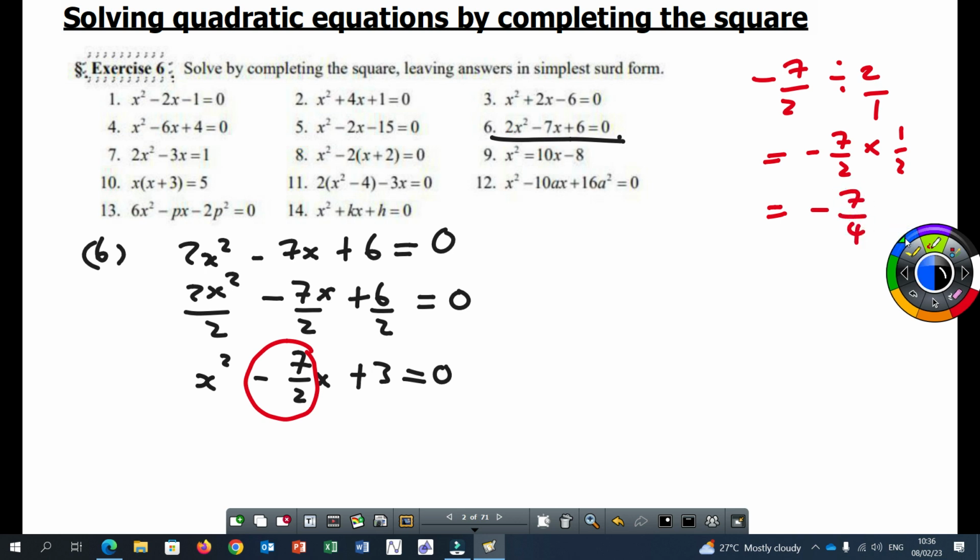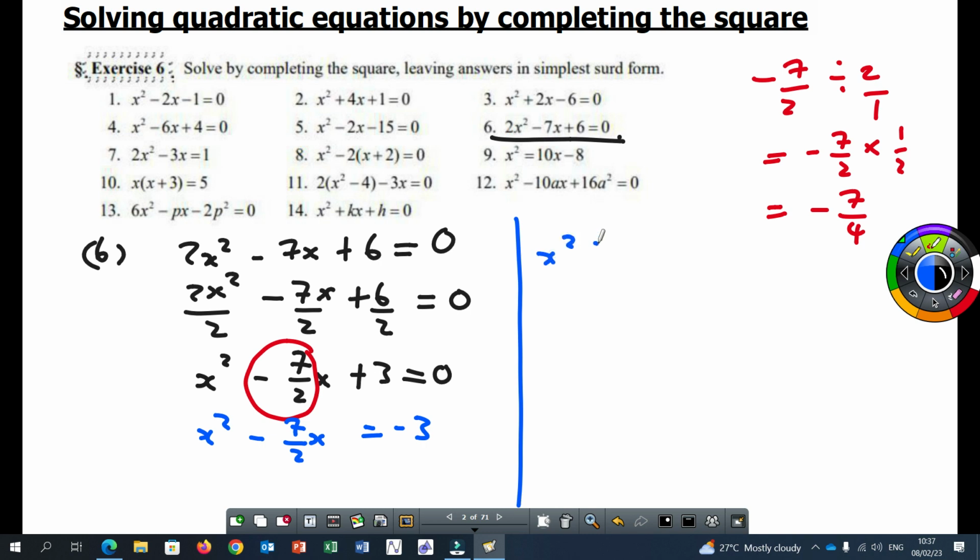So half of the coefficient of x, or half of minus 7 over 2, is minus 7 over 4. So we take the positive 3 to the right, and we get x squared minus 7 over 2x is equal to minus 3.